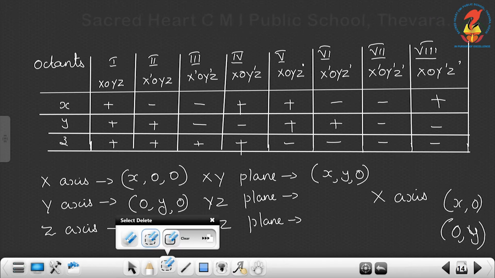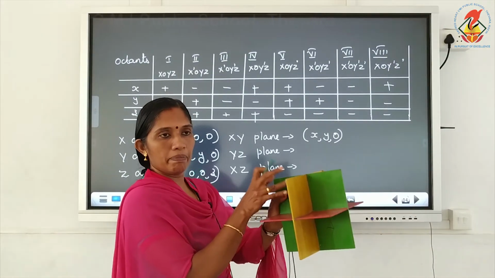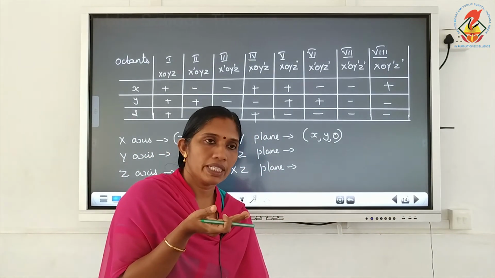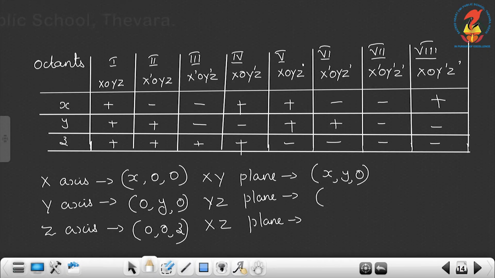Now what about the yz plane? The yz plane is the green colored plane. It is a surface, so it is like 2D. So there are only 2 coordinates, the other coordinate will be 0. So for yz, x coordinate is 0, y and z are there. Now any point on the zx plane, x coordinate is there, but y is 0 and then the z coordinate.